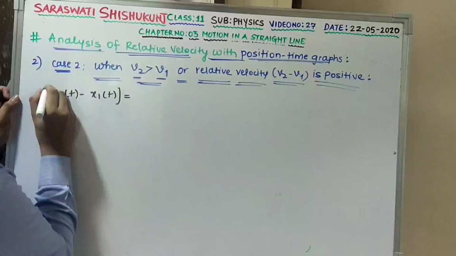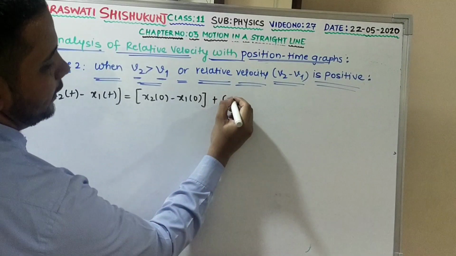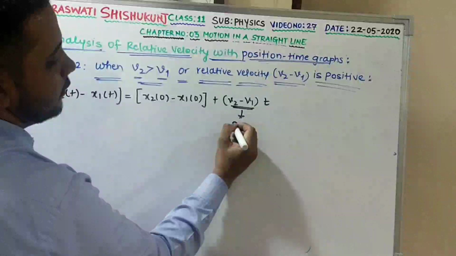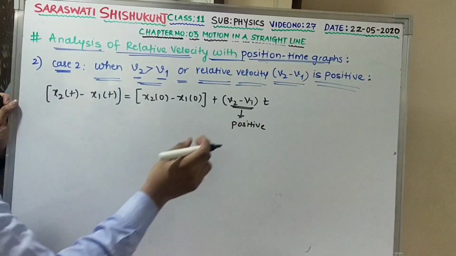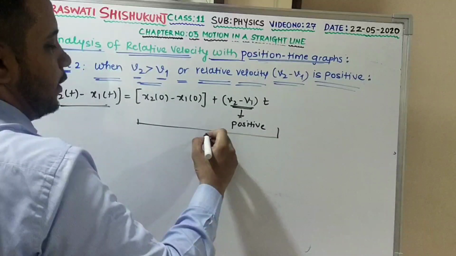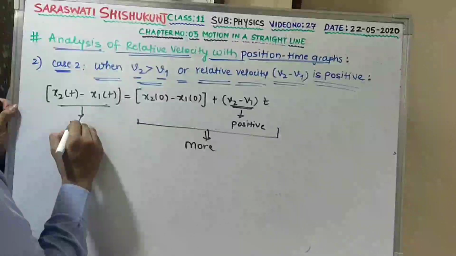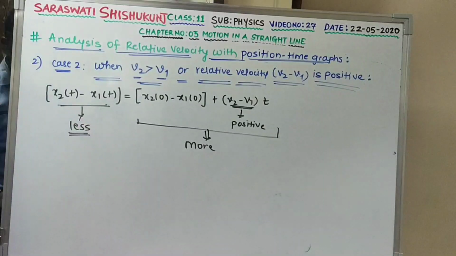Again we have the equation x2(t) minus x1(t) equals x20 minus x10 plus (v2 minus v1) into t. If this is positive, something positive multiplied by time, this value is going to be more and this is going to be less.